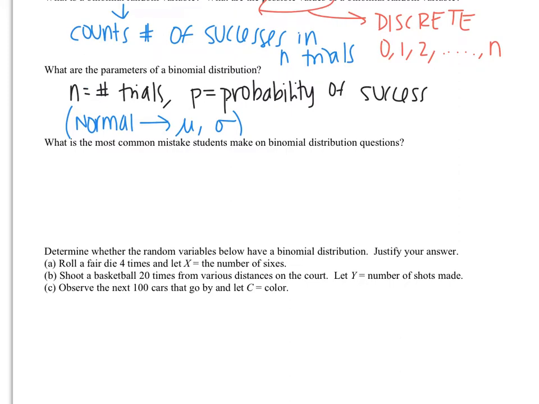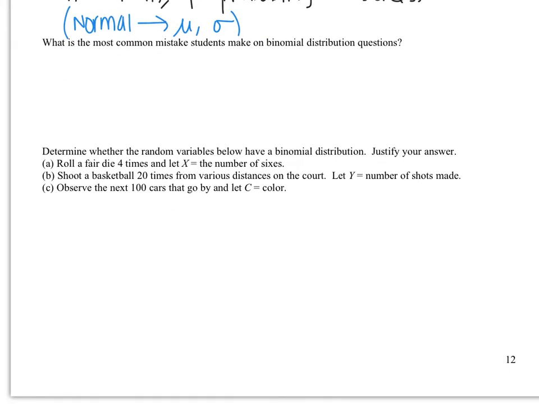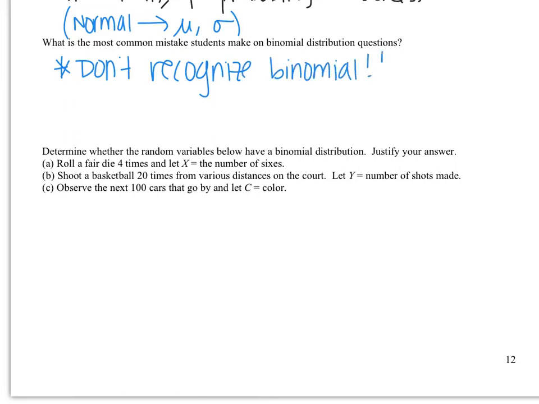What is the most common mistake students make on binomial distribution questions? The biggest mistake that I would say is that students don't even recognize that the distribution is binomial. So you will never be told that a distribution is binomial.